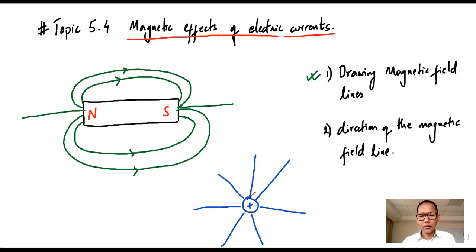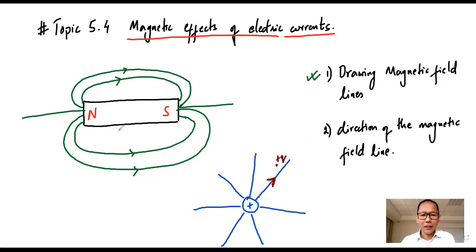If this is a field line, then we said that the direction of the field is outward. The reasoning was that if we put a positive test charge, it would go that side, in the direction of the field, which is outward because like charges repel.